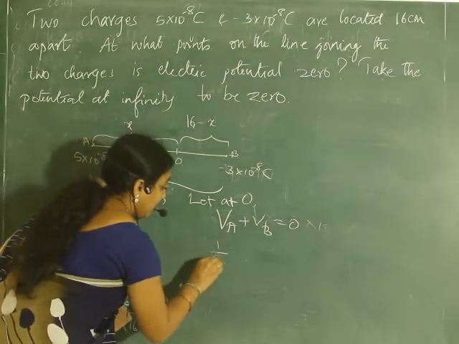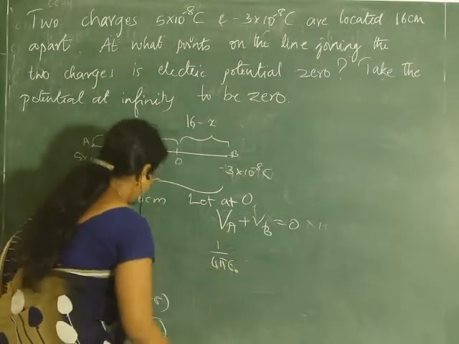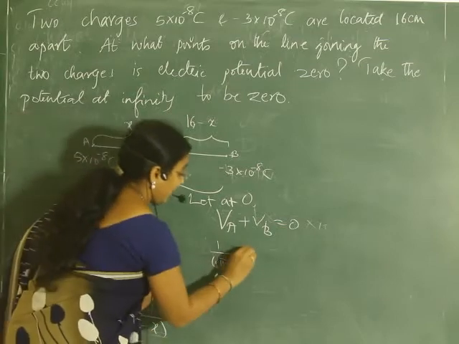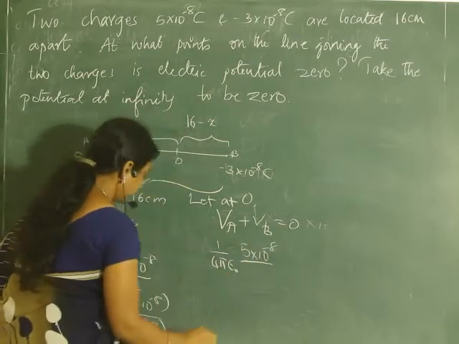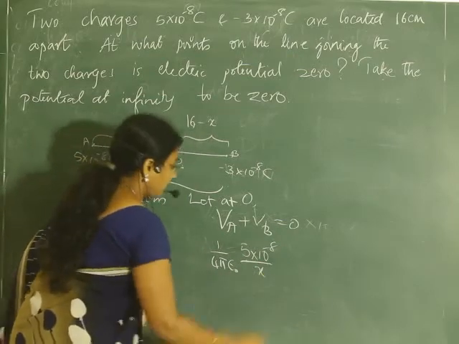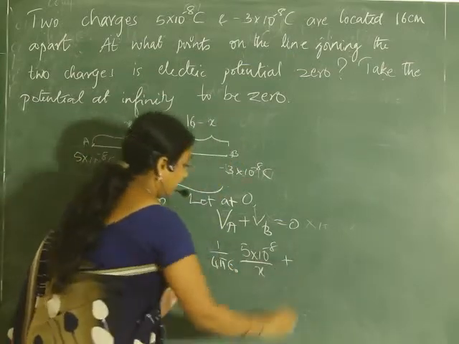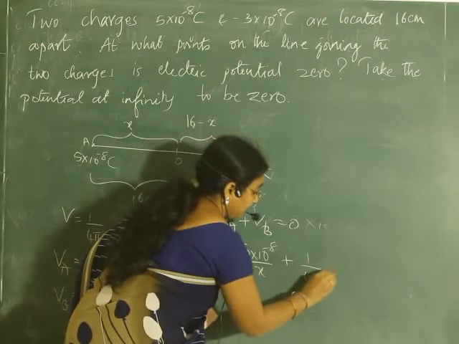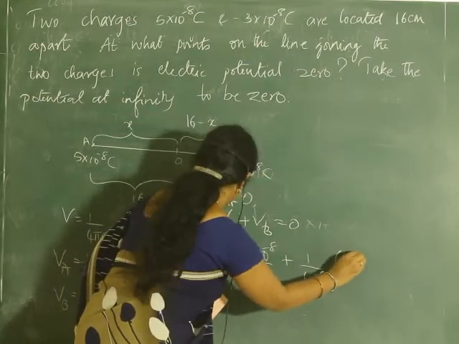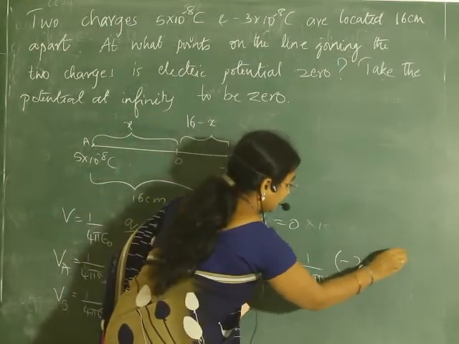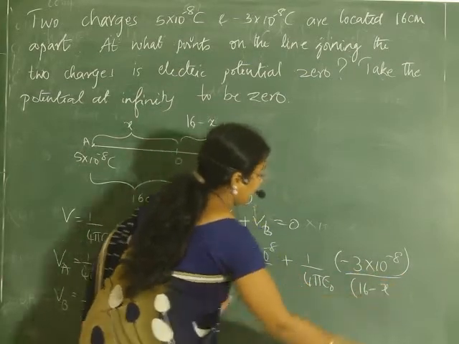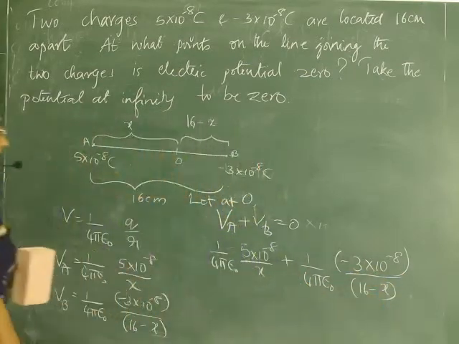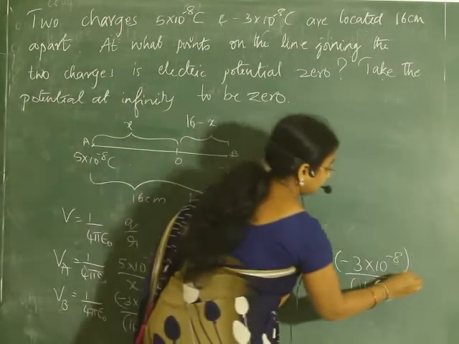That is 1 by 4 pi epsilon naught, 5 into 10 to the power minus 8 by x, plus 1 by 4 pi epsilon naught, minus 3 into 10 to the power minus 8 divided by 16 minus x, is equal to 0.